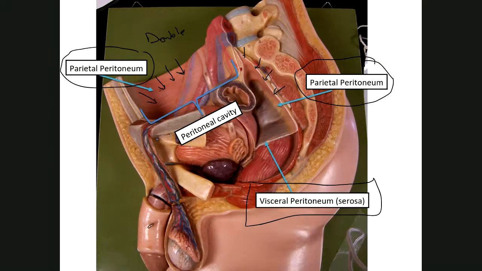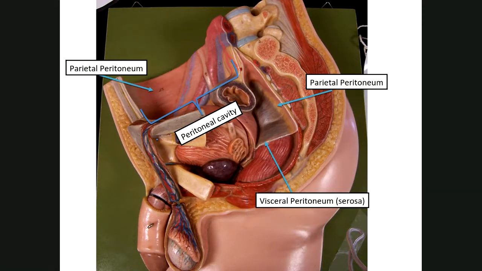And then, remember, there's a space between the 2 serous membranes. If you're talking about the heart, there was a space between the 2 serous membranes. If you're talking about the lung, there's a space between the 2 serous membranes, and there's a space between these as well. So look, here's this one, and here's this one, and there's a space between it. So all of this space here is the peritoneal cavity.